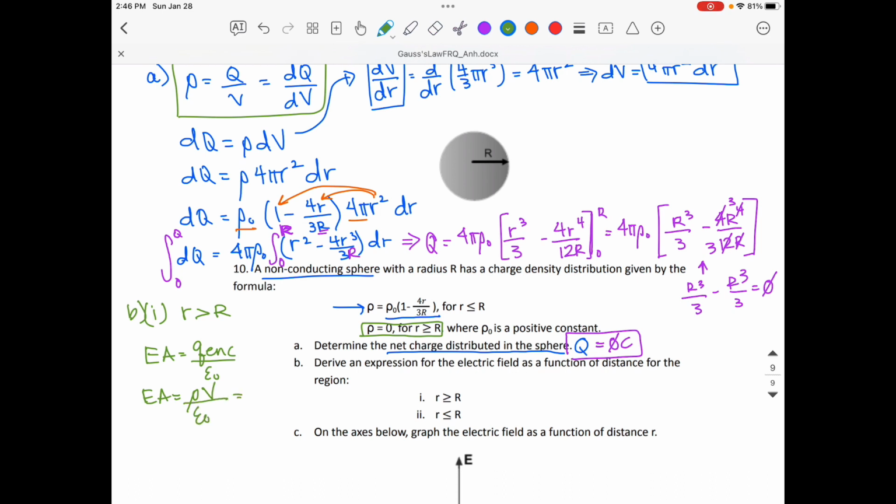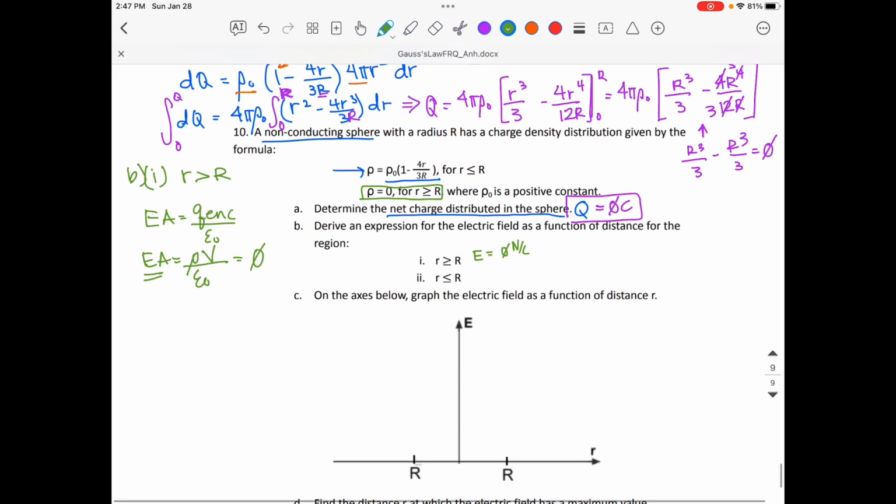But we also know that the net charge is equal to 0. So that means that this is going to be equal to 0, and so the electric field is also going to be equal to 0. So for B, E is equal to 0 newtons per coulomb when little r is greater than big R.